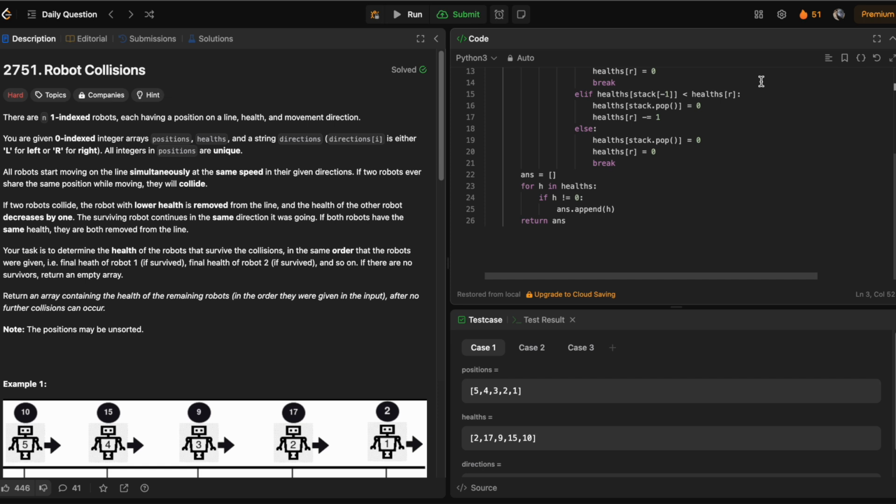Yeah, I guess actually it wouldn't be too much harder because it's still just the two robots. You know what's gonna collide, so you still just compare to the top element in the stack, but you keep track of the positions after.